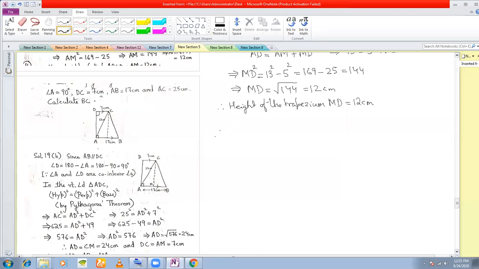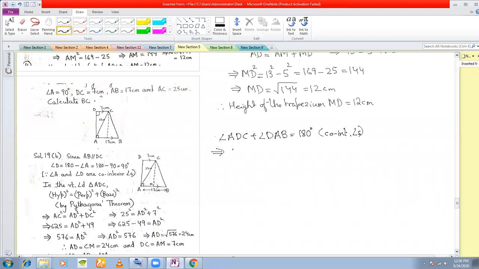So I'll write angle ADC plus angle DAB is equal to 180 degree because they are co-interior angles.